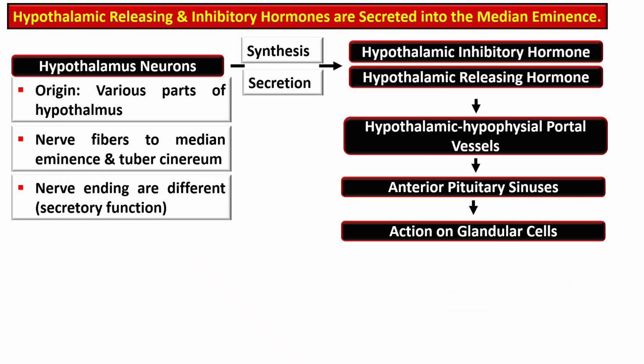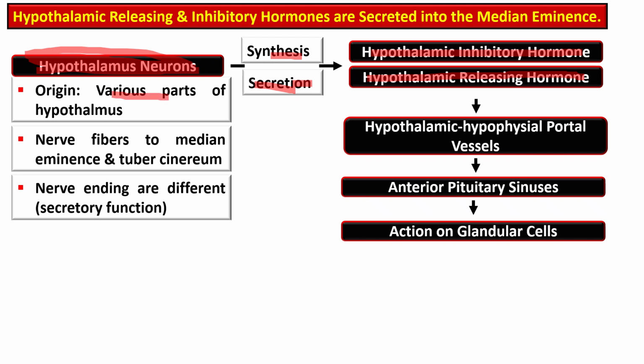The hypothalamic releasing and inhibitory hormones are secreted into the median eminence. The hypothalamic neurons synthesize and are responsible for the secretion of the anterior pituitary hormones. These hypothalamic neurons form hypothalamic inhibitory hormones and hypothalamic releasing hormones.